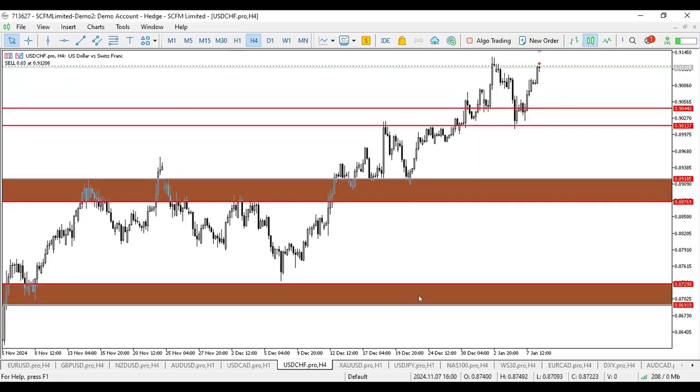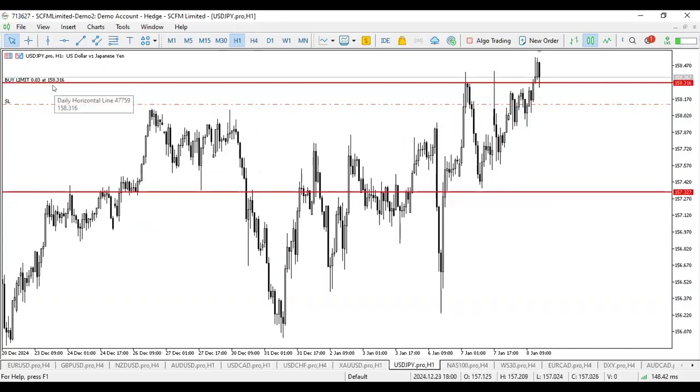This one says sell, and this one is a buy limit. Here we are expecting that when price comes to this area, it will activate. Like now, you can see it has tapped the buy limit and it has been activated. Previously it was a buy limit, now it is a buy because it has been activated.